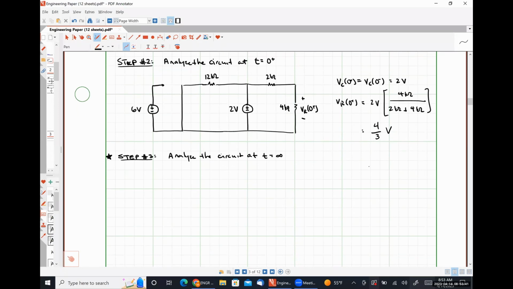So at t is equal to infinity, the switch is still closed at position B. But our circuit is once again at DC steady state, meaning that our capacitor looks like an open circuit.